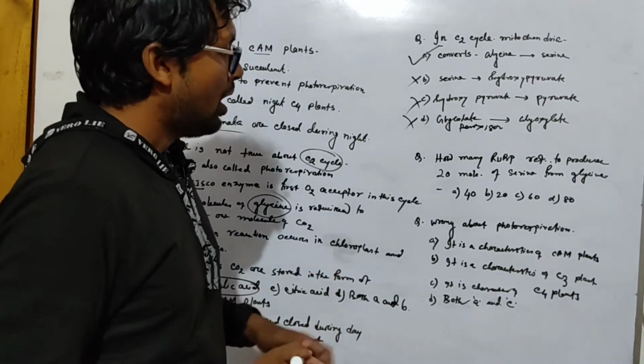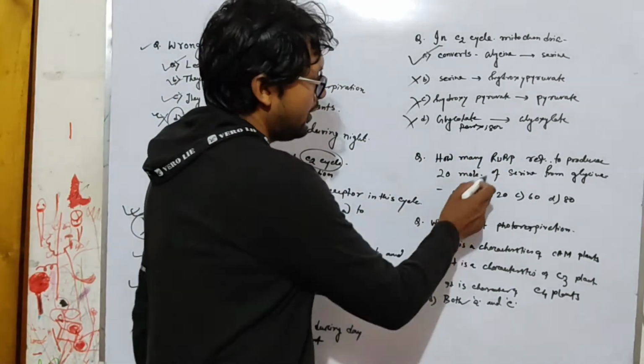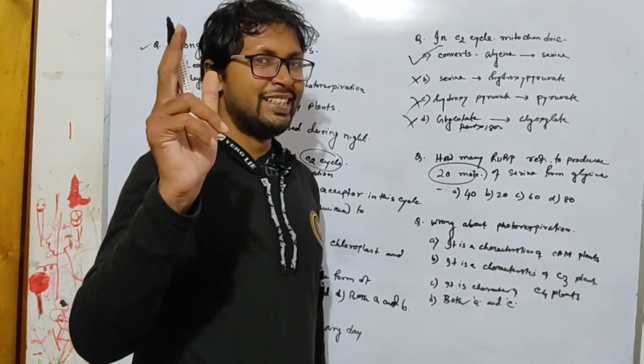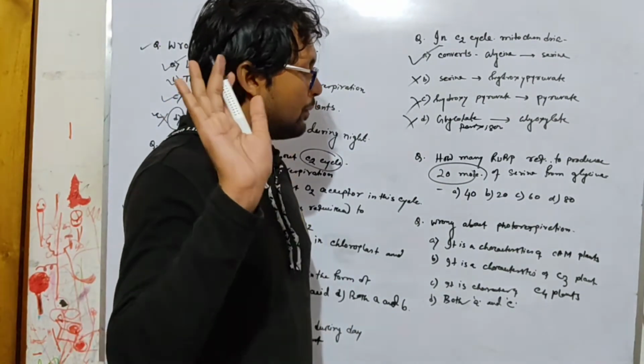Now, how many RuBP are required to produce 20 molecules of serine from glycine? You know that two molecules of glycine are required to produce one molecule of serine.